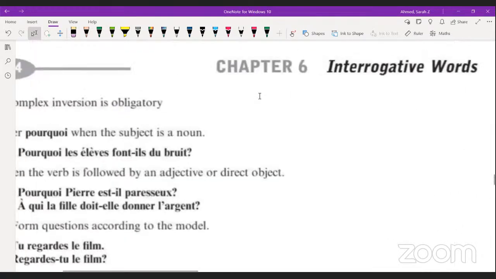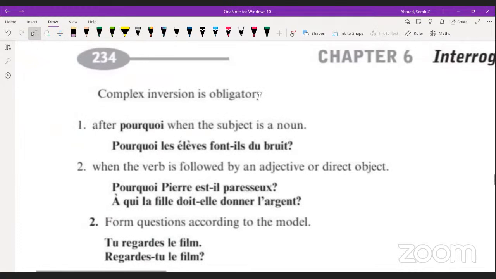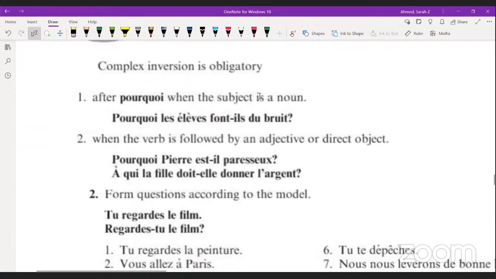Okay, so complex inversion is obligatory after certain words. The times when you have to do complex inversion is after pourquoi, when the subject is a noun.